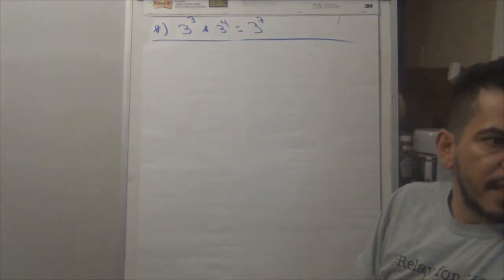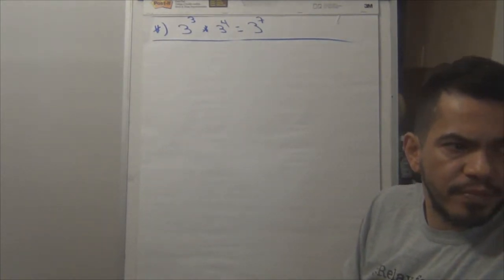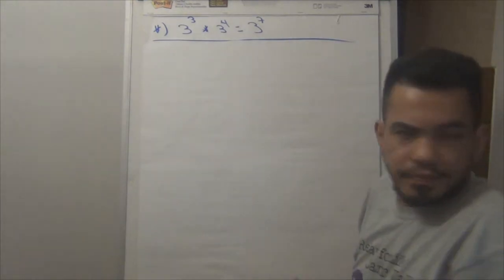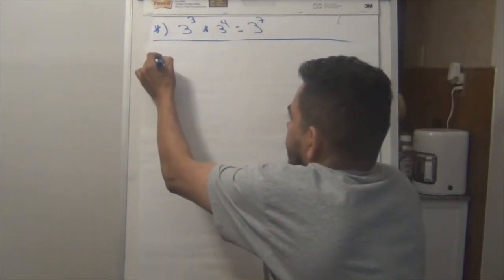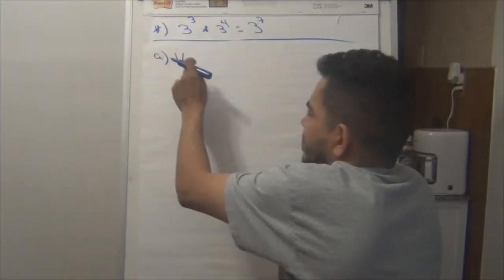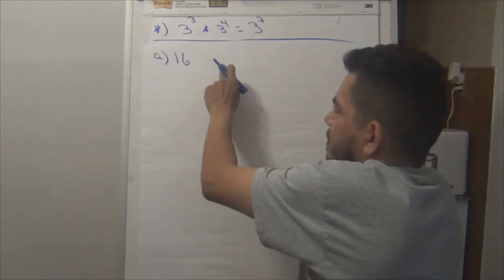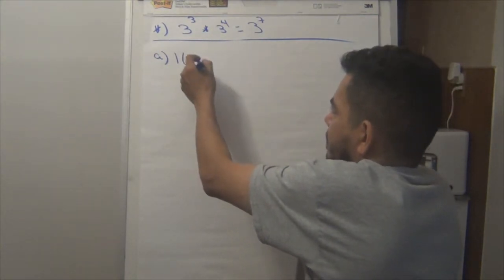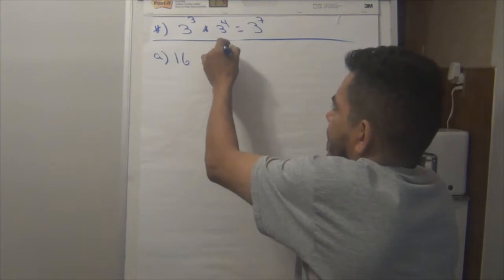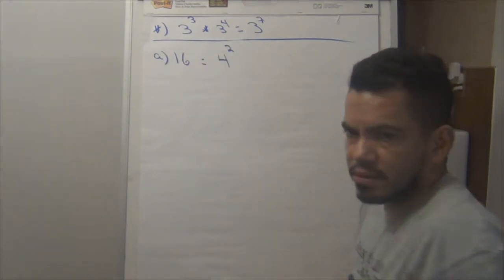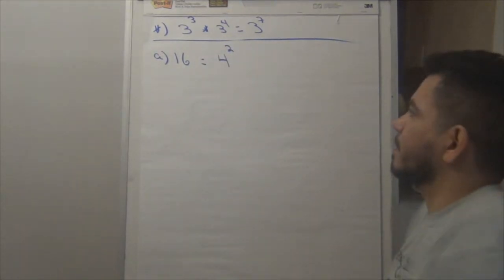Next, it says express in exponential form with base 4. Okay. How can I express 16 as something like 4 to the something power? 4 times 4 is 16, so it's 4 to the second power.